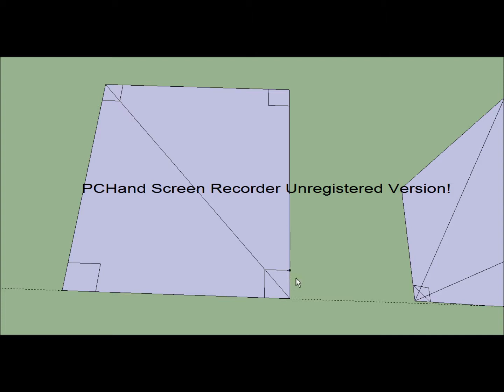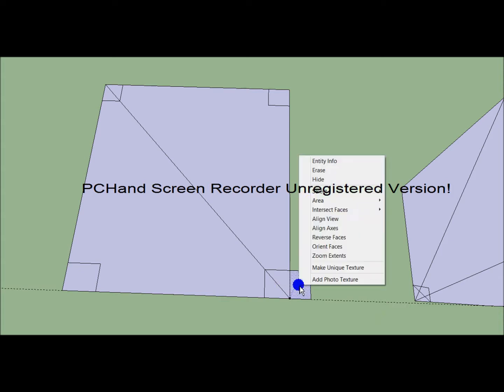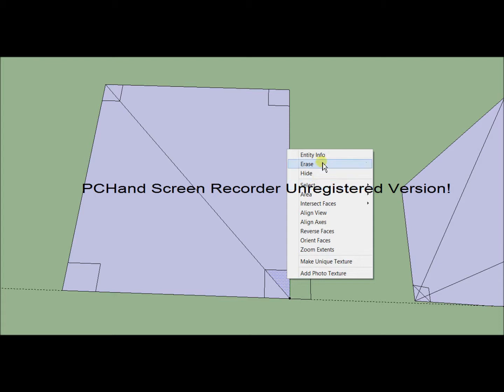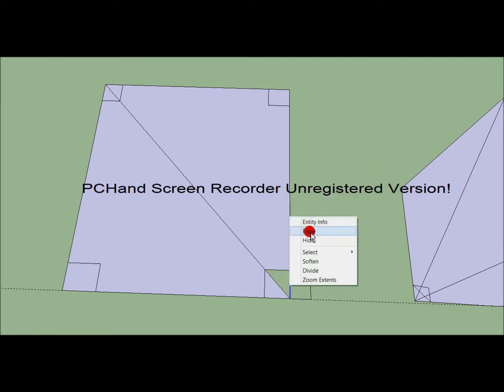This angle right here, that angle is equal to 135 degrees.